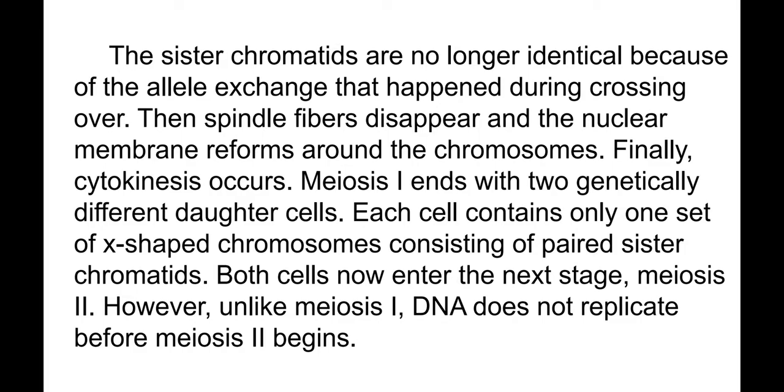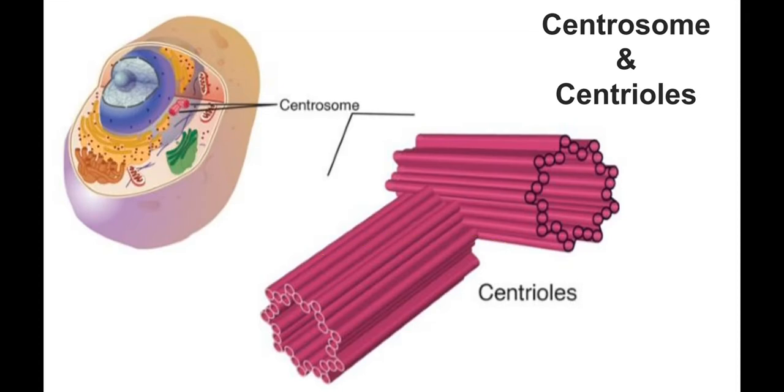Both cells now enter the next stage, meiosis 2. However, unlike meiosis 1, DNA does not replicate before meiosis 2 begins, so there is no interphase. But centrosomes duplicate. We have one centrosome in every half of the cell, and they duplicate again.